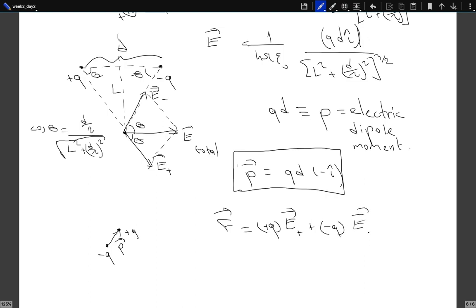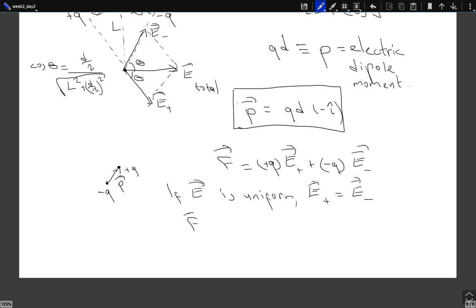Let me put a plus and a minus over there, meaning that this is the electric field at the position of the plus charge, and this is the electric field at the position of the minus charge. So if the electric field is uniform, uniform means that it doesn't change from point to point, so E plus will be equal to E minus.